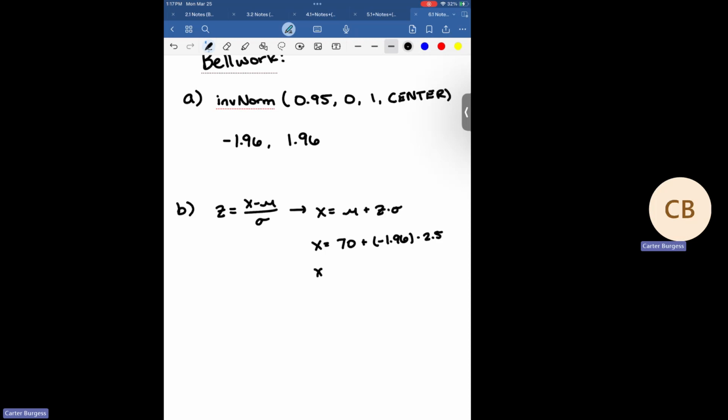And then our other x should be 70 plus positive 1.96 times that 2.5. What are the values that we get here for x? 74.1 and the other is going to be the same distance, but below rather than above.